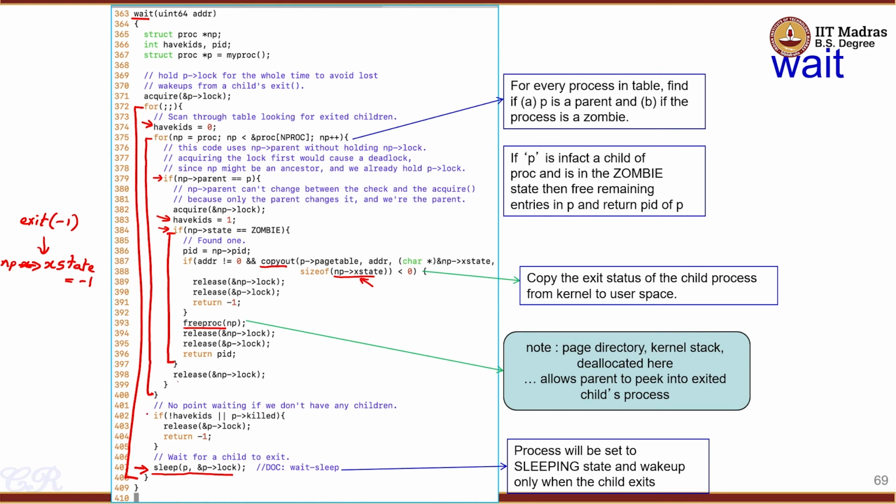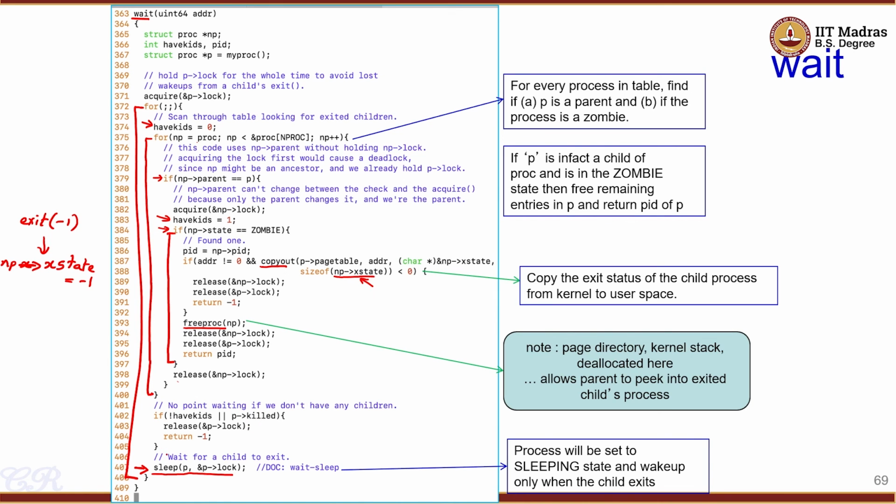Now, if the process does not have any children, there's no point waiting in this particular function, and therefore we return -1.